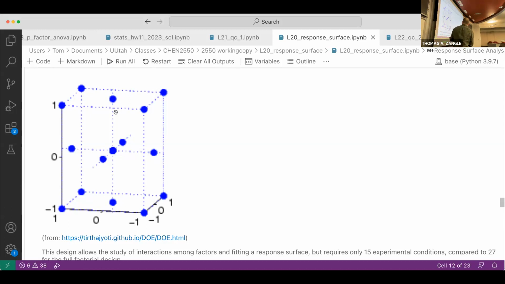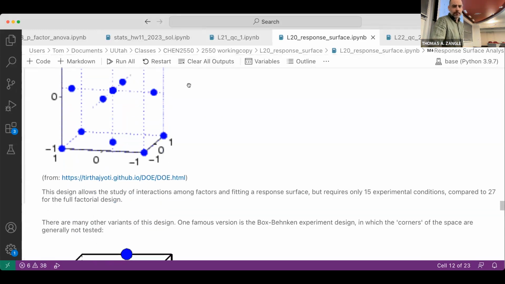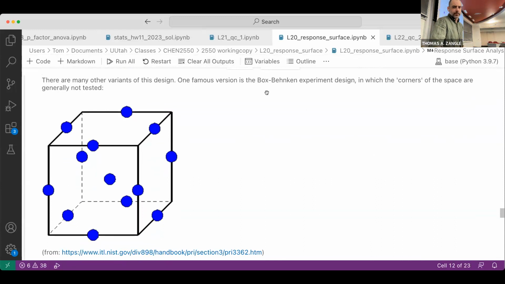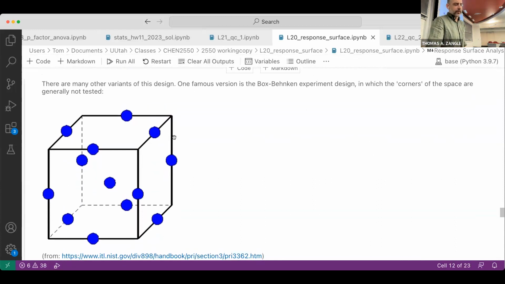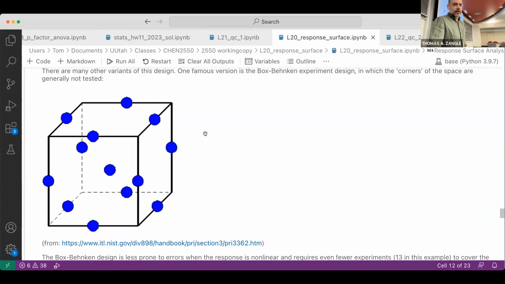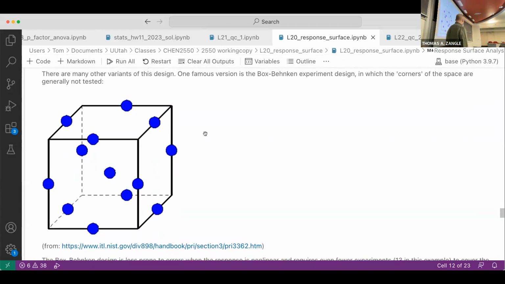So this is one option. It's called Box-Wilson. The most famous experiment design, though, is the Box-Behnken experiment design. This is one that you'll often see if you ever encounter anything on design of experiments in the future or in your career.